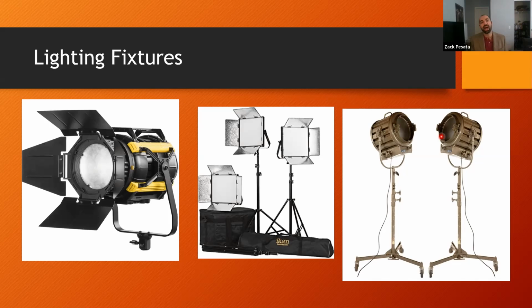They can get very hot. LED lights, which are these, do not get hot. They do not overheat. They draw much less power, they're much more energy efficient, and they have a variable color temperature. And these things right here are called barn doors, which control the spread of the light.